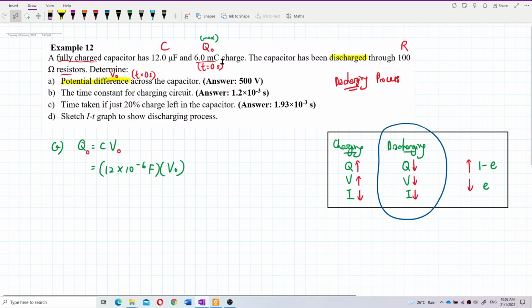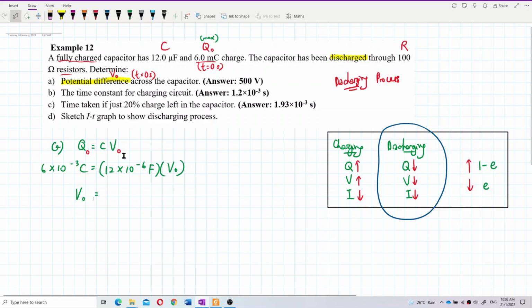The maximum charge is 6 milli, not 6 micro, 6 millicoulomb. Milli is exponent negative 3. Remember to change to SI unit, so I can find my maximum voltage.